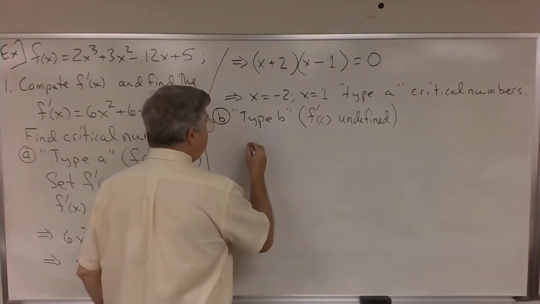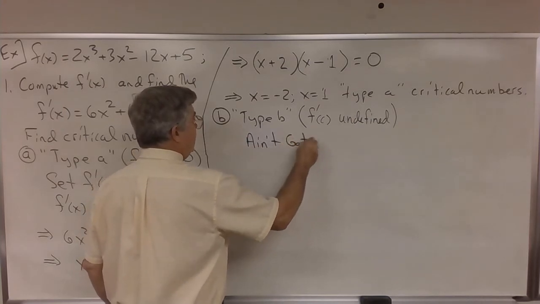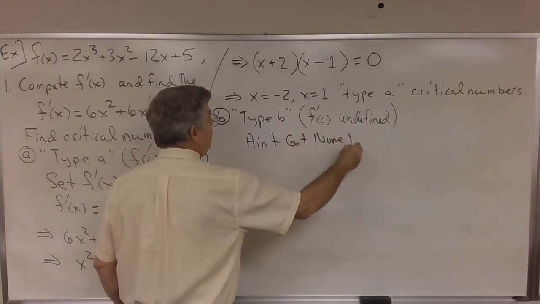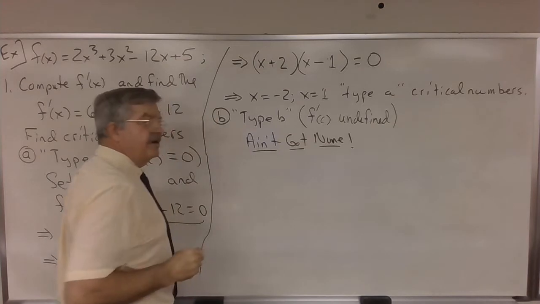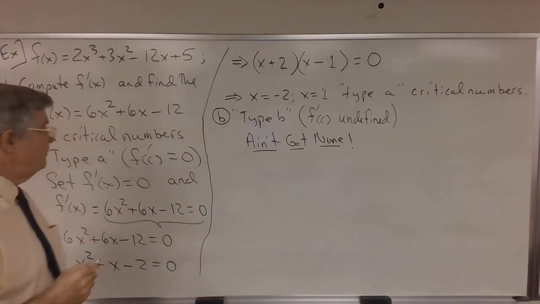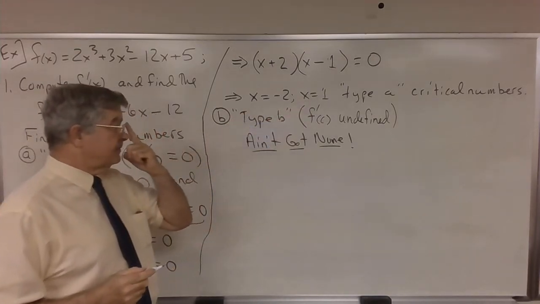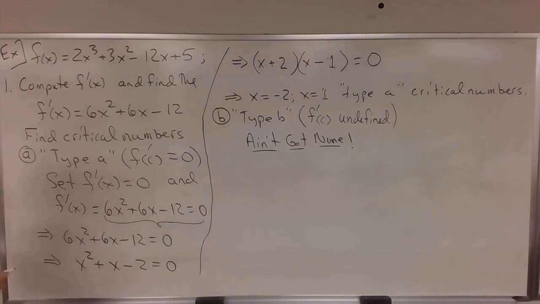So in this particular example, we don't have any type B critical numbers. We do have type A, -2 and +1. So I'm going to make a record of this.